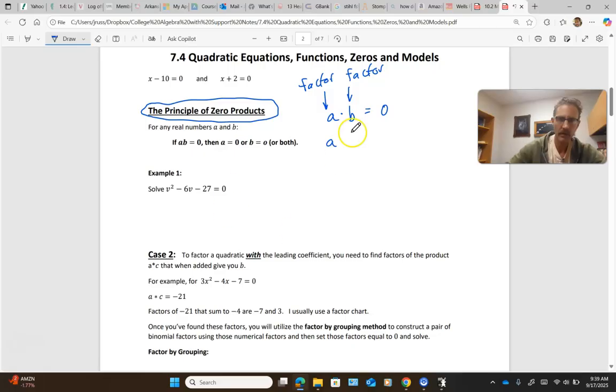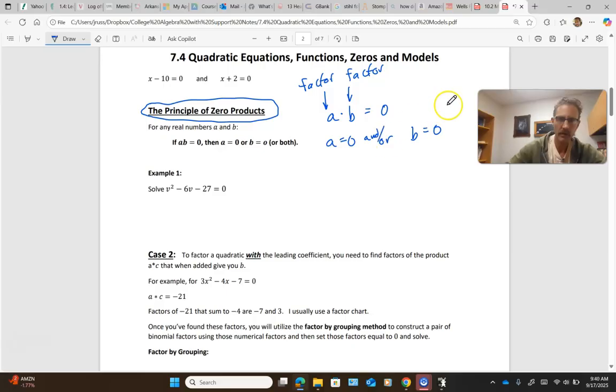So if you have two factors and their product is 0, then that implies that either the first factor had to have been 0, or the second factor had to have been equal to 0, or they both could have been equal to 0. This should really say and or right here.